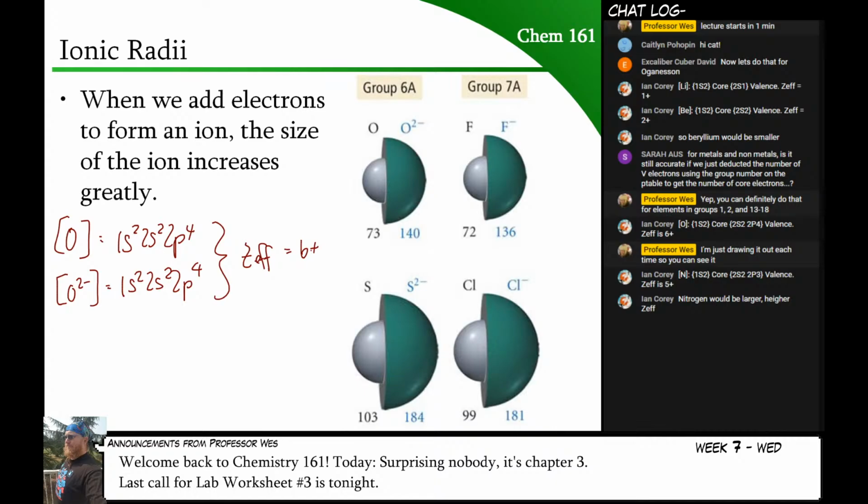So how the heck do we explain this? If they have the same Z effective, shouldn't they have the same size? Well, no. Oops, hold on. I made a mistake here. This shouldn't be a 4. This should be a 6.